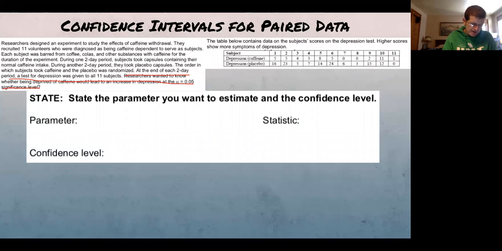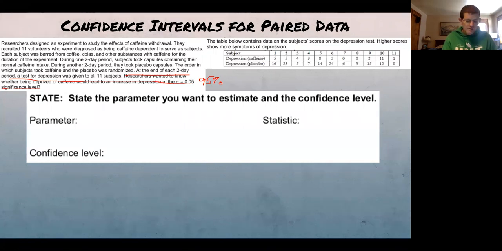So we'll go with a 95% confidence interval for the change that someone might expect being off of caffeine. Okay, higher scores show more symptoms of depression, so higher scores are not good.